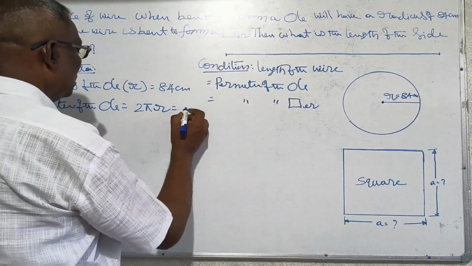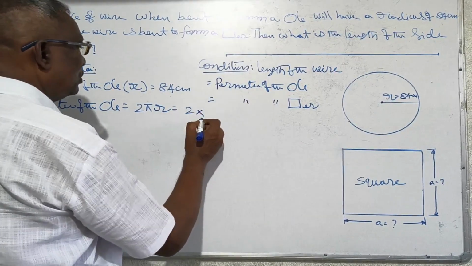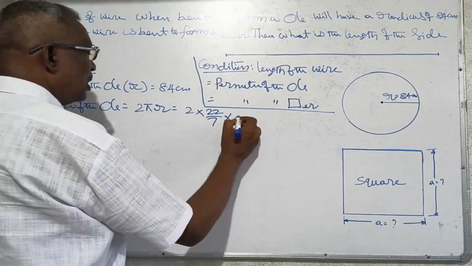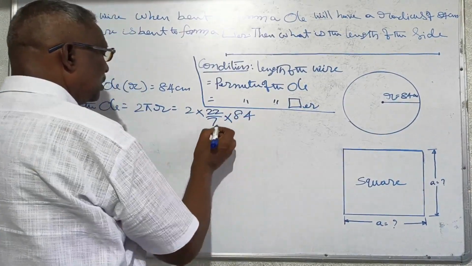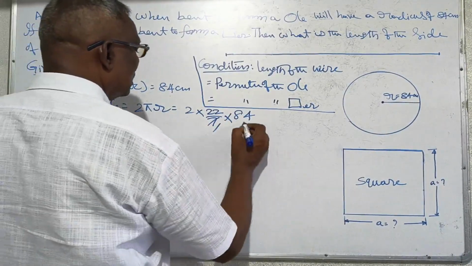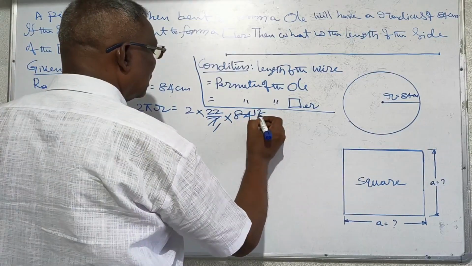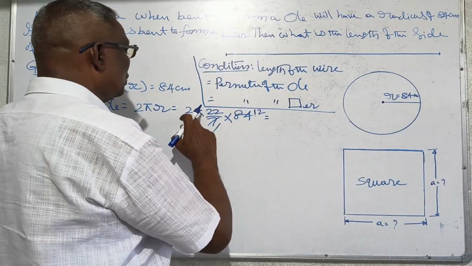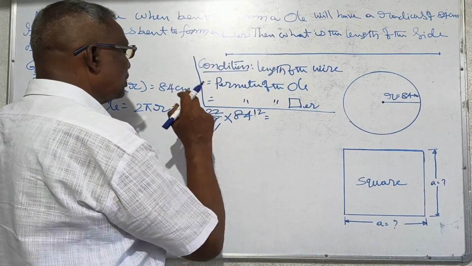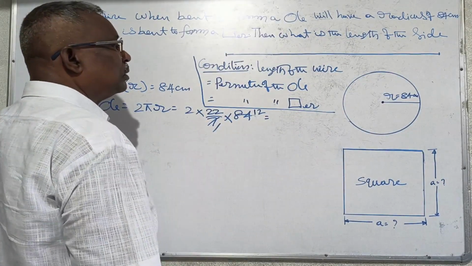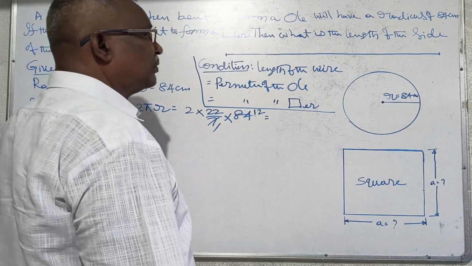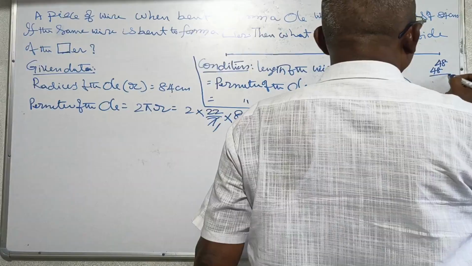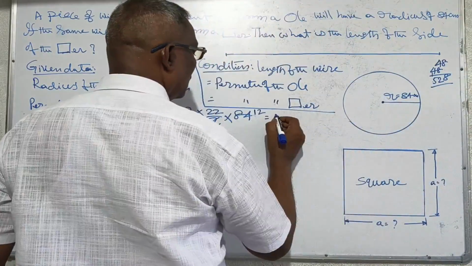That is equal to 2 into pi, 22 by 7, into r, 84. 7 twelves are 84. So 12 into 2, 24. 24 into 22. 24 twos are 48, 48, 48.